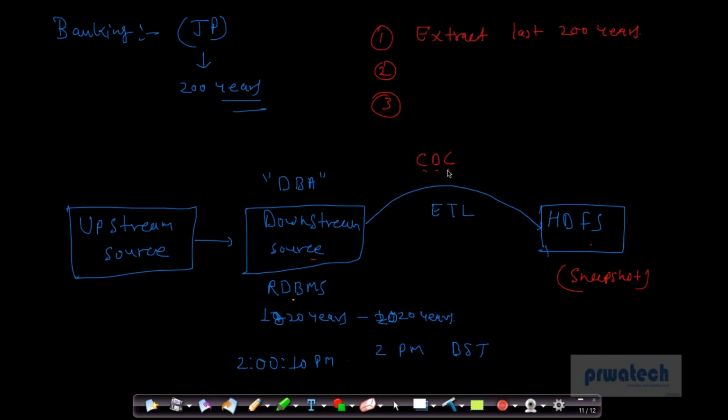The change data capture phase will handle your updated result as well as your inserted result. Your updated result and new result, new customers coming, those things will be maintained by CDC. Then after CDC there is a slowly changing dimension. We'll check that slowly changing dimension after getting the use cases of this banking industry.